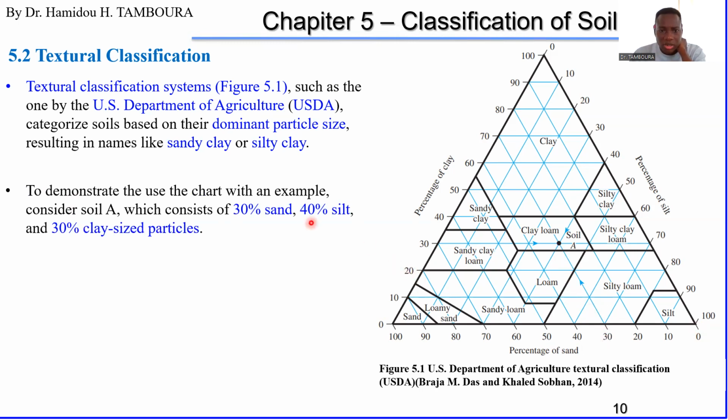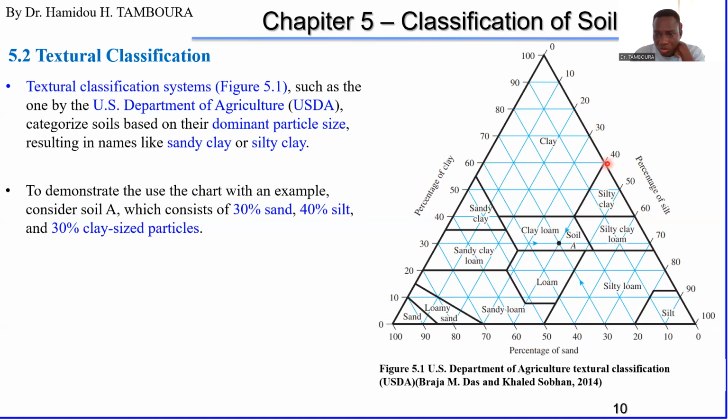That is one. 40% for silt. So silt is here. The percentage for silt is here. Same, we go for 0%. 0% is here. And then you can see this line. You follow the parallel of this line. But you search for 40%. 40 is here. Then you go parallel to this line. Okay. Parallel. Don't go this way.